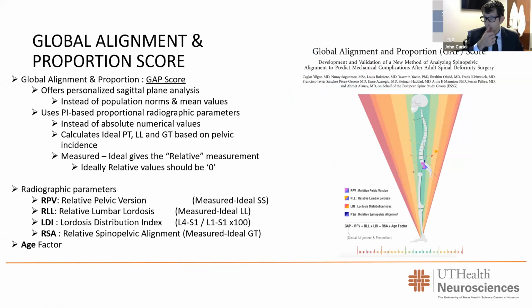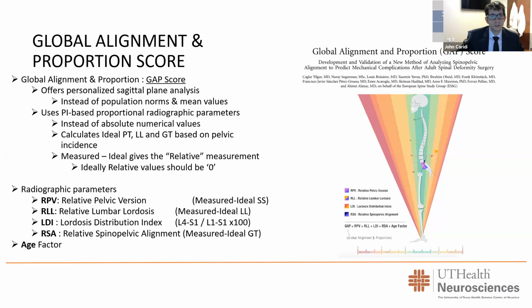And so this led the European Spine Study Group to propose this global alignment and proportion score, or the GAP analysis. And this was published in JBJS, I think in 2017. And this is something that I use pretty routinely now. And the idea is it offers a personalized sagittal plane analysis instead of relying mostly on the published norms of the ISSG classification.